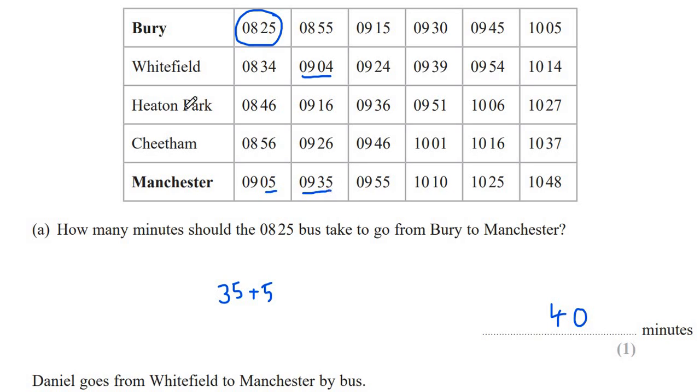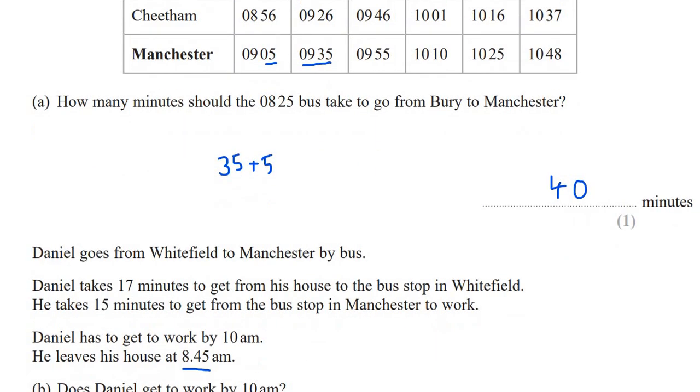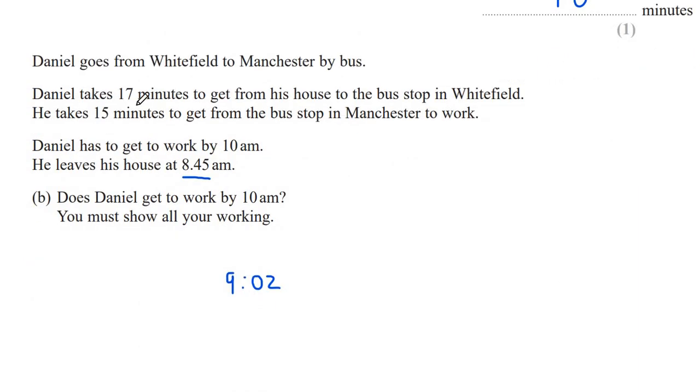So if he arrives at 9:35 at the bus stop at Manchester, how long does he take to get to work from the bus stop? Let's see. He takes 15 minutes to get from the bus stop to work.